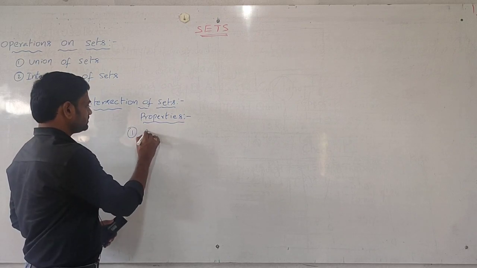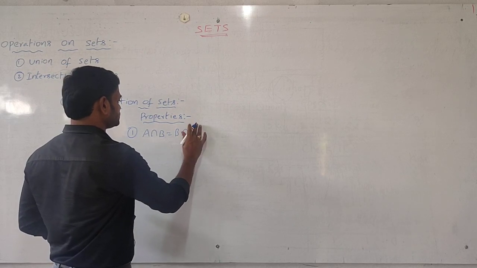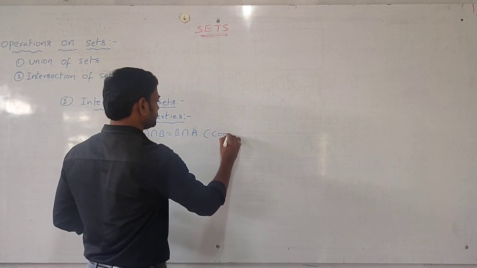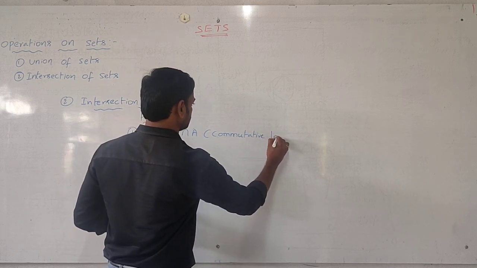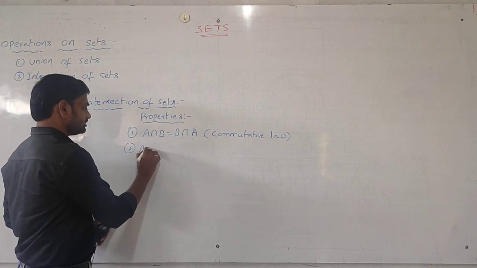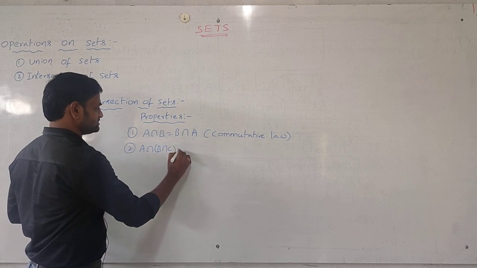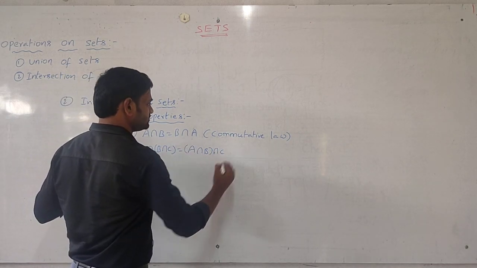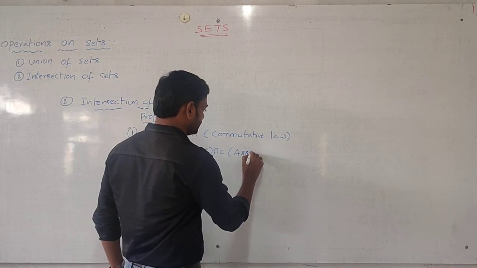First one is A intersection B is equal to B intersection A. This is called commutative law. Next, second one is A intersection of B intersection C is equal to A intersection B intersection C. This is called associative law.